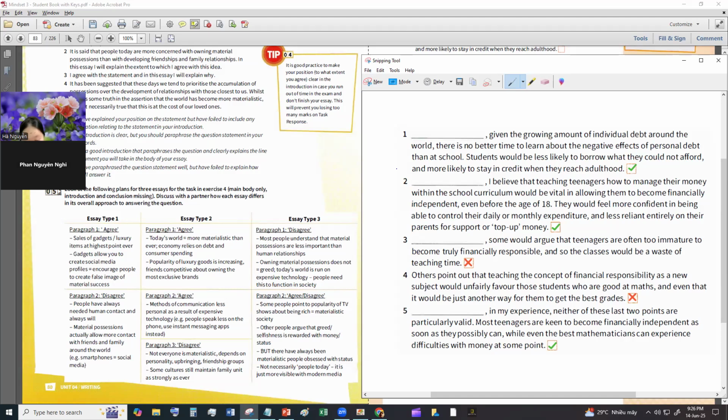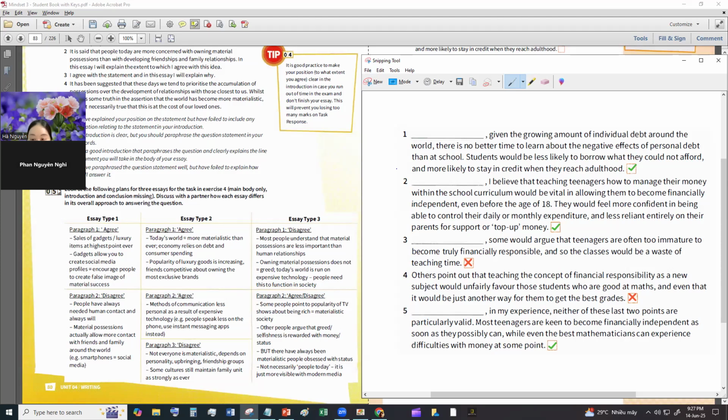So how would you group the paragraphs into type 2? I would group sentence 1 and 2 into a paragraph, and sentence 5 into a paragraph, and sentence 3 and 4 into another paragraph.